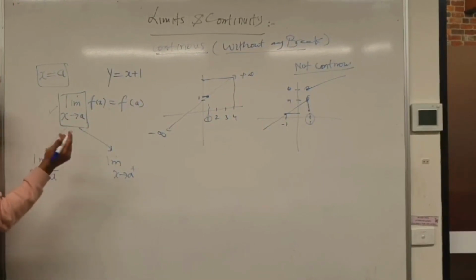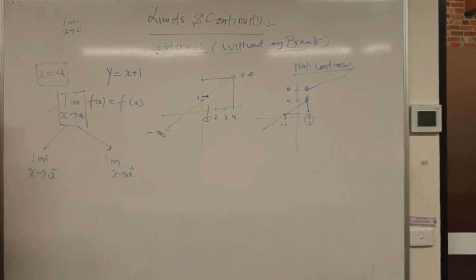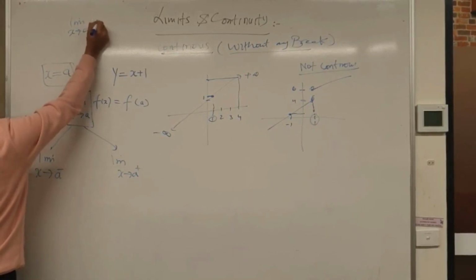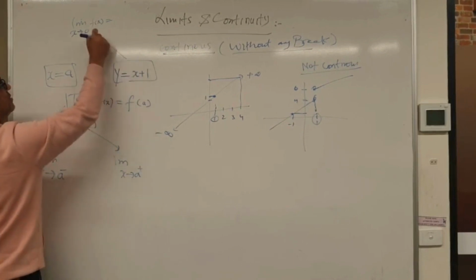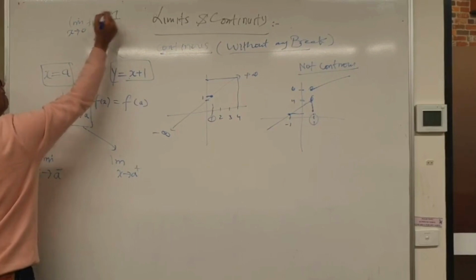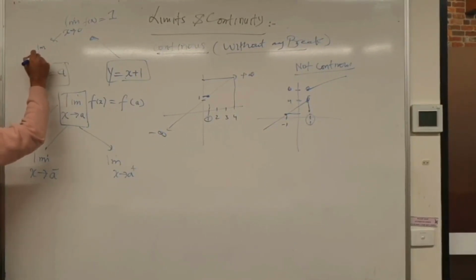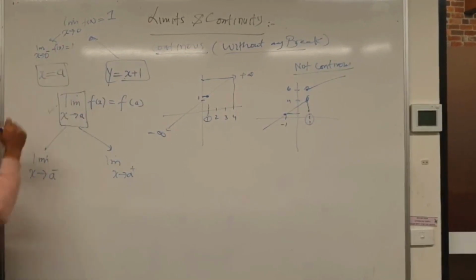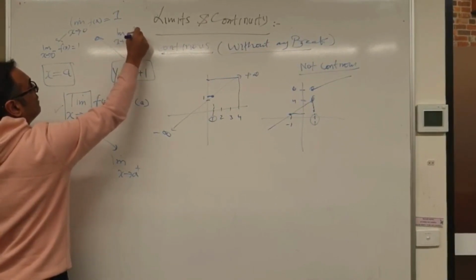So whenever I write limit x tends to 0, and let's say f of x is any function, let's say this is the f of x. So if I plug in 0, it is 1, which means the limit as x tends to 0 from the negative side of f of x will also be 1, and the limit as x tends to 0 from the positive side of f of x will also be 1.